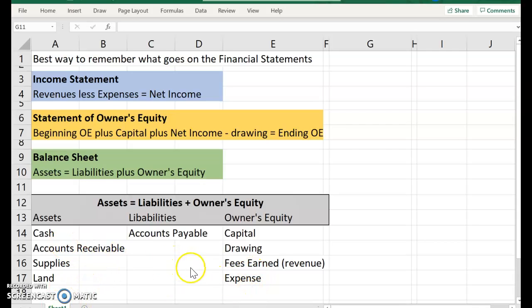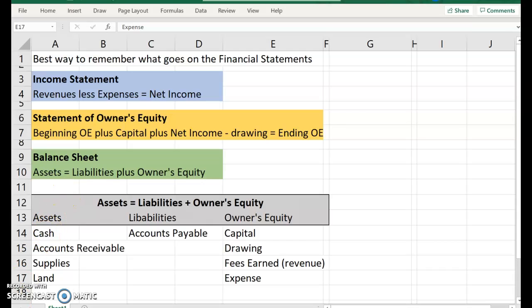So let's talk about something that is confusing to students: the difference between an asset and an expense. So think about a car. If I buy a car for my business, that does help me earn revenue. However, the car is going to last longer than a period, so it's going to be an asset.